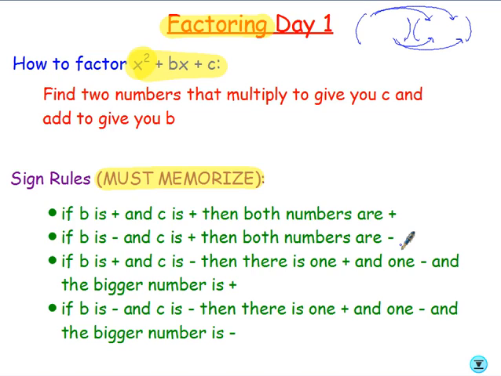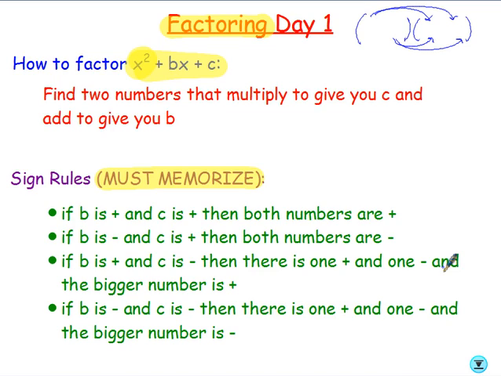Those are the easier rules. Now the little more trickier ones. If b is a positive, but c is a negative, okay, if you're trying to multiply to get a negative, there has to be one positive and one negative. Problem is, one of them is going to be bigger.